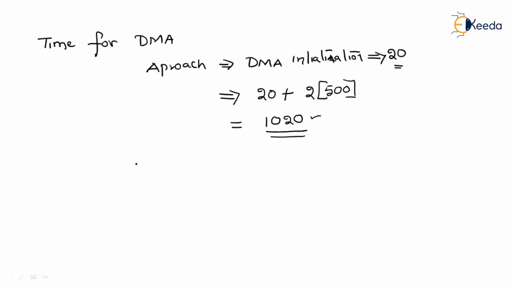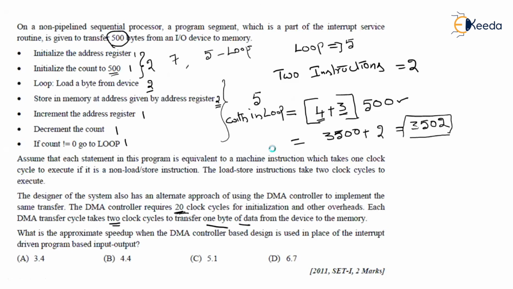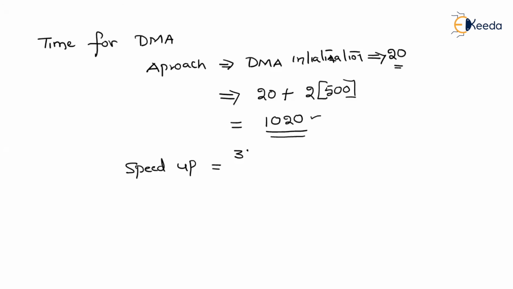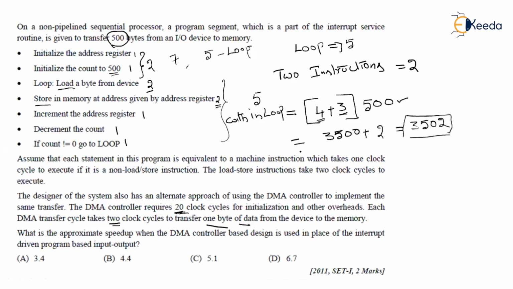So the speed up of DMA over this program based execution is 3502 divided by 1020, which is equal to 3.43. So 3.4 is the answer.